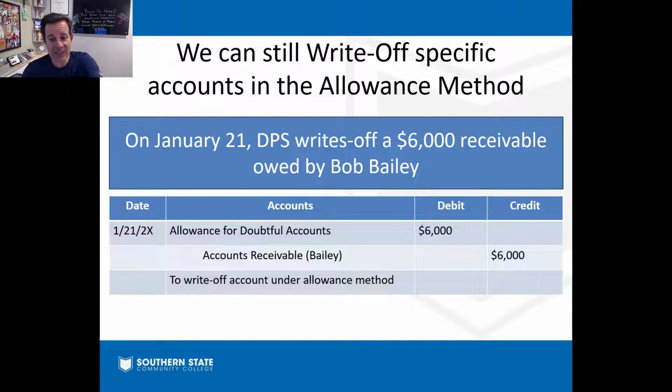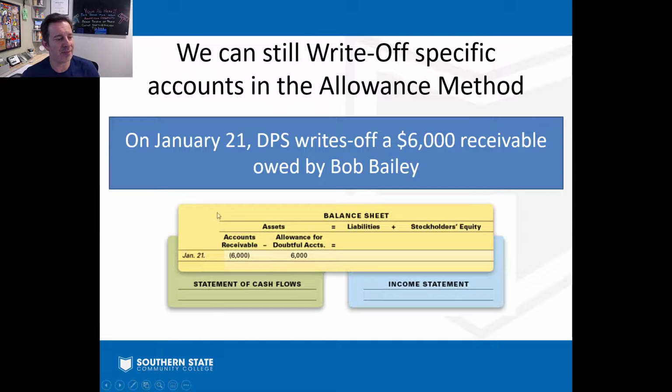We can go into the subsidiary ledger of the accounts receivable, write that one off, and the accounts receivable balance will come down as well. So that's our entry to write off in the allowance method. You can see from the financial statement framework, accounts receivable goes down $6,000, and that nets out against our allowance for doubtful accounts.